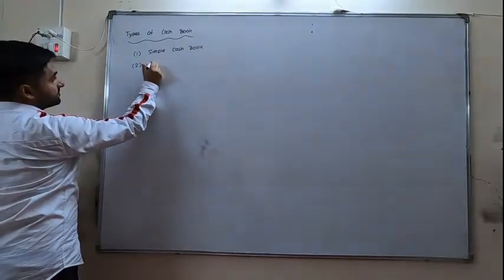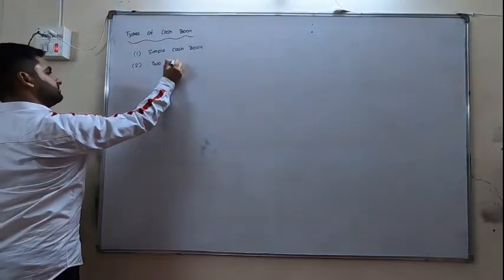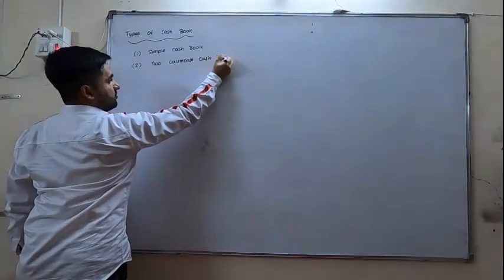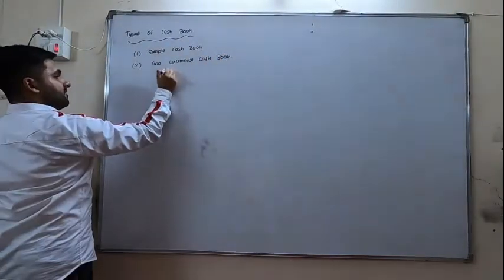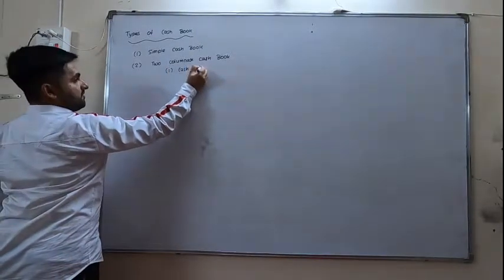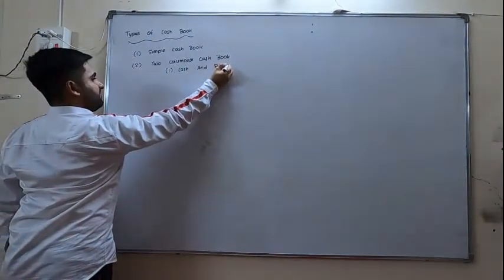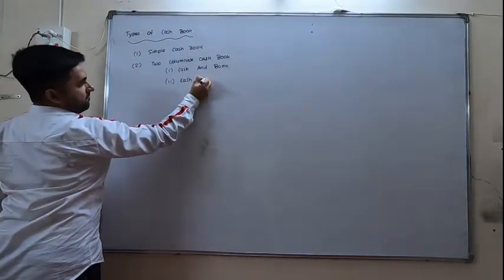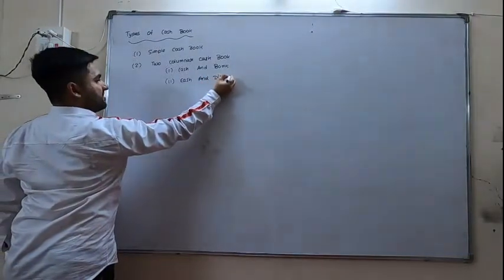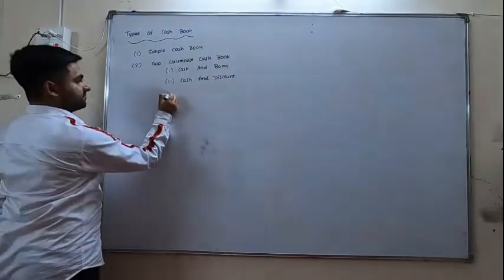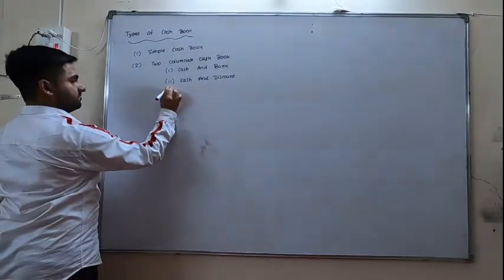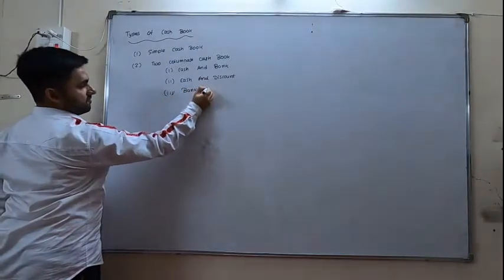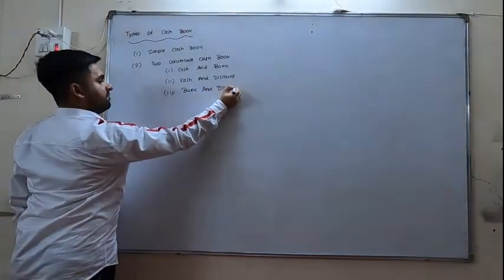Second one, two columnar cash book, that can be cash and bank, cash and discount, bank and discount.